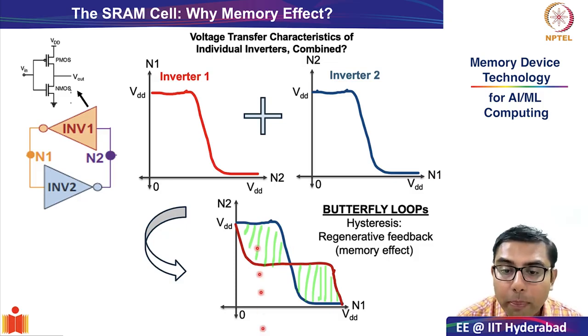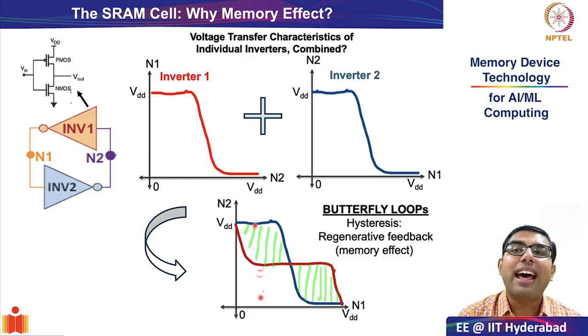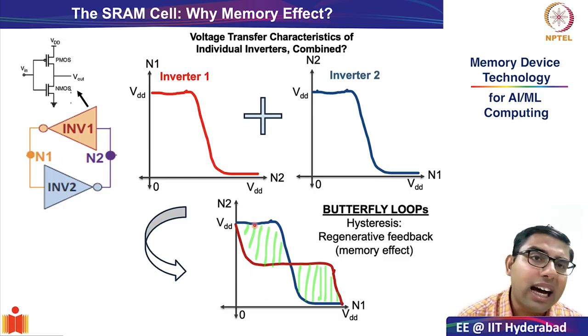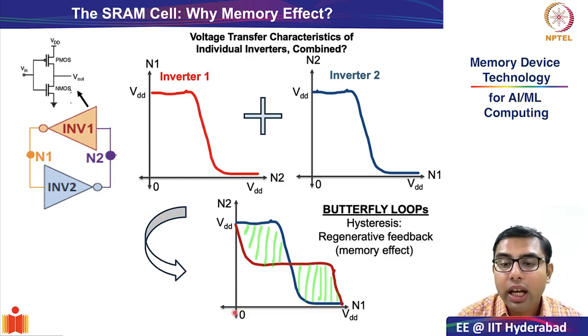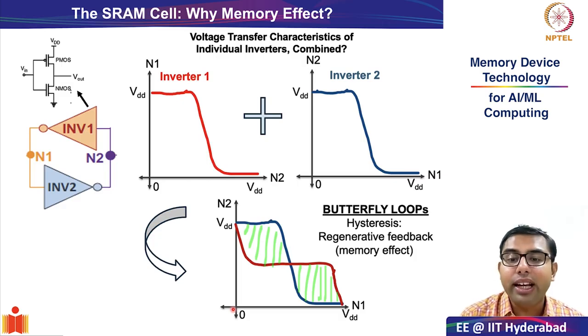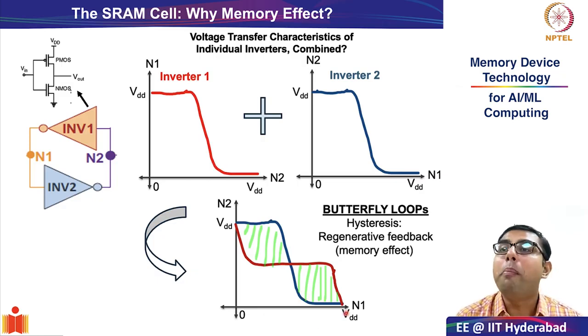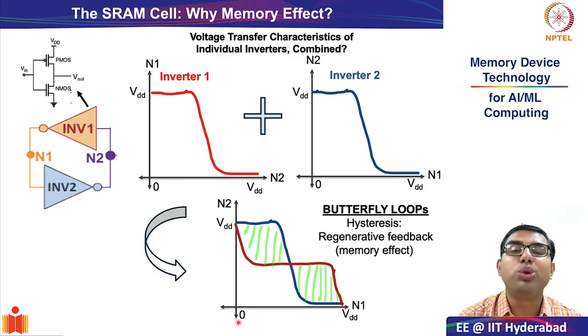As you can see, a particular input N1 can have this value or it can have this value. In other words, in hysteresis, it is not necessary that if I go from 0 to VDD, the path that I follow is the same that I will follow back when I return from VDD to 0. This is another way of looking at hysteresis.